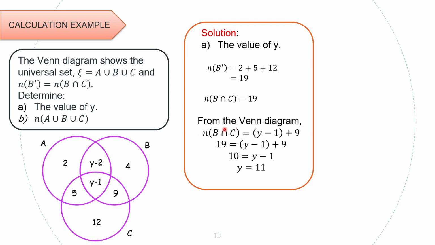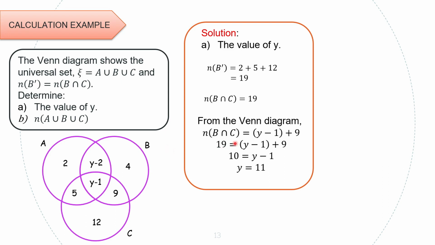Then we replace this part with 19, since we know the number of elements in B intersect C is 19. We replace the value with 19 and solve this equation. We get y equal to 11. So the value of y is 11. This is how we find the answer.